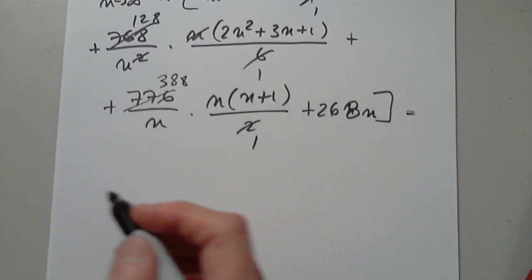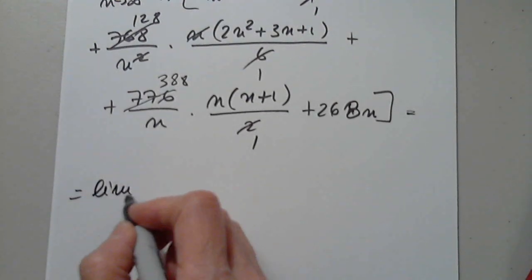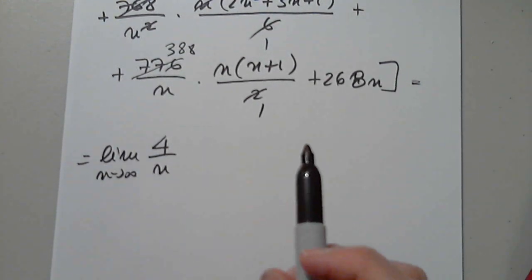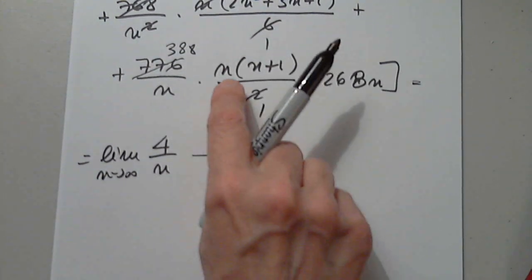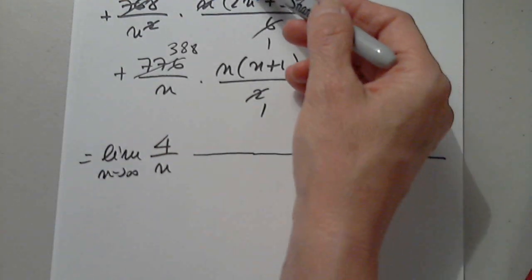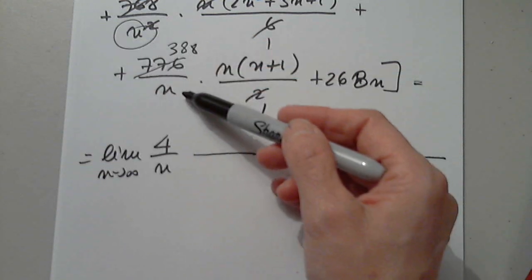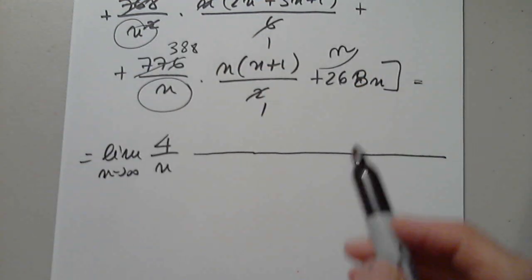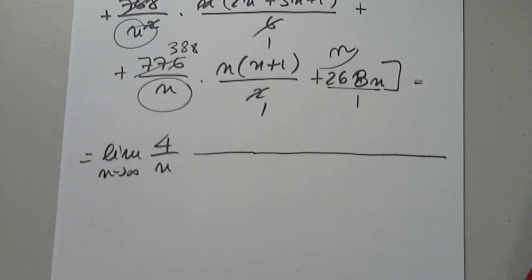Okay, so then we have limit as n approaches infinity, 4 over n outside, and the least common denominator. Notice that I don't simplify here. The least common denominator is n in all cases. And of course, this one needs to be multiplied by n because the denominator is 1.